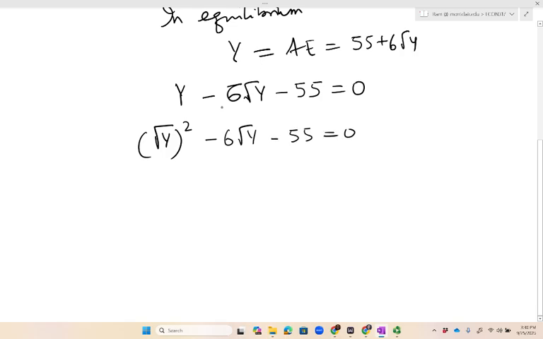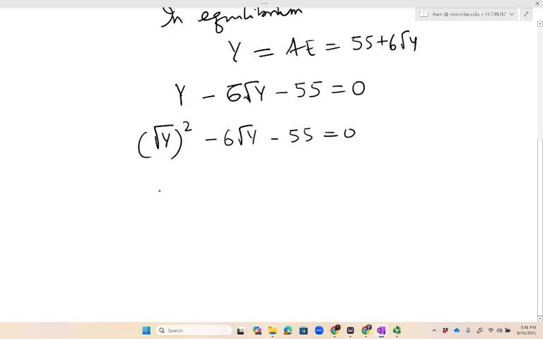So from the previous equation, I have transformed it into an equation with square root of y being the unknown. And now this is a quadratic equation because the first term is raised to the power 2, and the remaining terms have power less than 2.